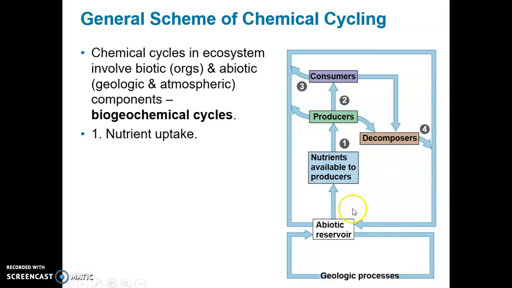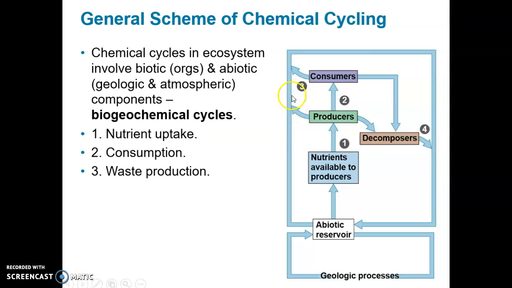So in the scheme here, step one is the nutrient uptake by producers and incorporation into the biological molecules from the abiotic environment. Then consumption by consumers, so there's a transfer of molecules and chemicals into consumers.